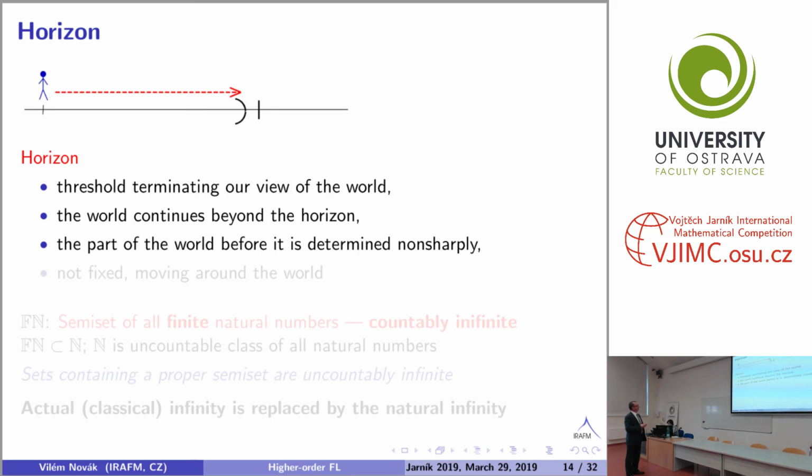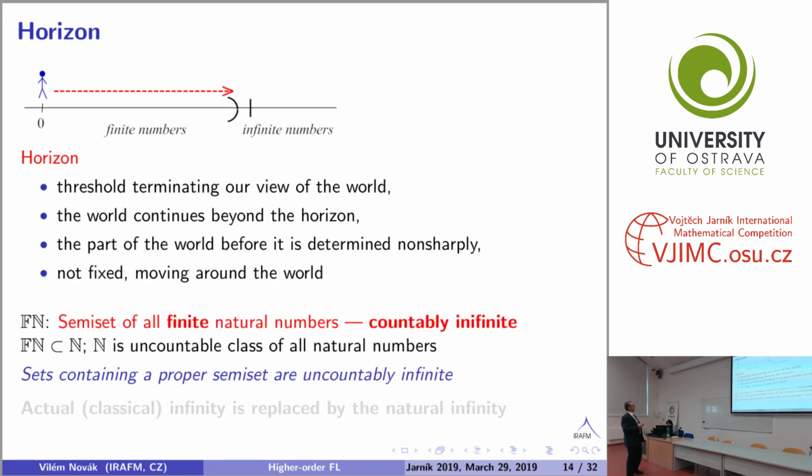We know that the world continues beyond the horizon, for sure, because if you look at the horizon, you cannot believe that this is the end of the world. Simply, this must be true. And the part of the world before it is determined non-sharply. Also, it is not fixed. It can move around, so we can consider another horizon which is farther than the previous one.